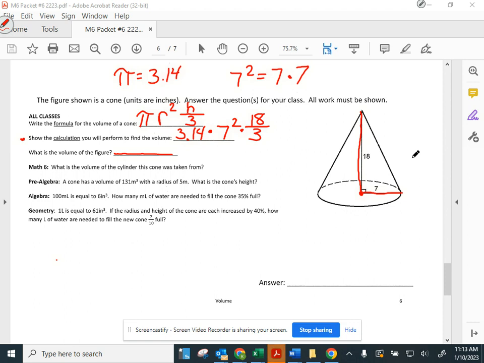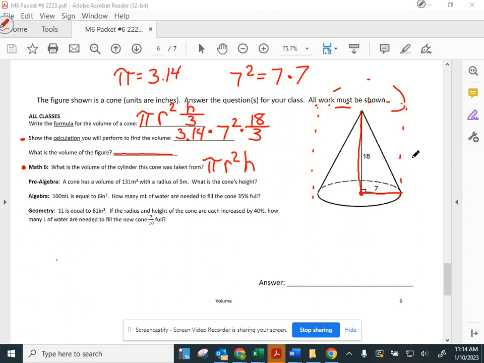Then we're going to do math 6. Math 6 says, what is the volume of the cylinder this cone was taken from? So we're going to pretend that there is a cylinder that our cone came out of. The formula for the cylinder is pi r squared just times the h.